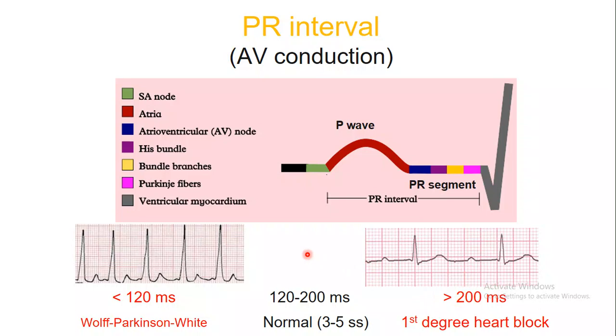On the other hand, if we have a very short PR interval, less than 120 milliseconds or less than 3 small squares, this means that the conduction between atria and ventricle bypasses the AV node through an extra conduction pathway. This pathway is called an accessory pathway, which is present in a certain disease called Wolff-Parkinson-White syndrome.